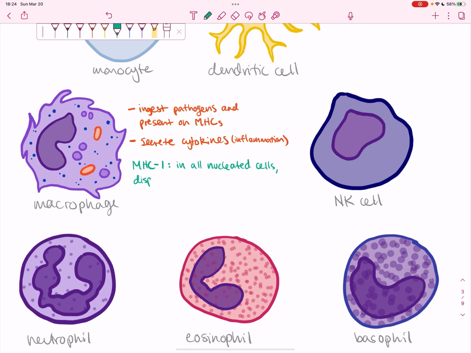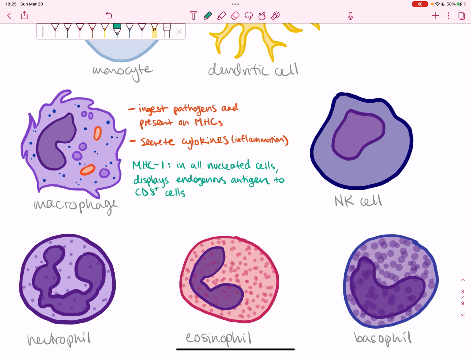Display endogenous antigen to CD8 plus cells.